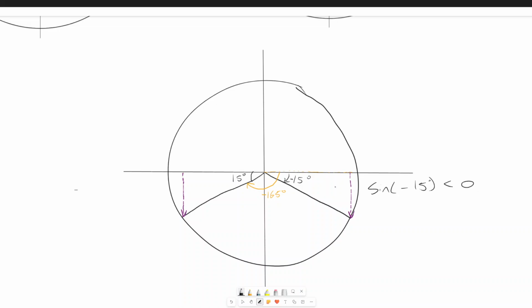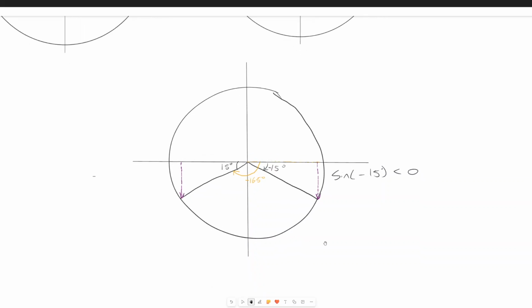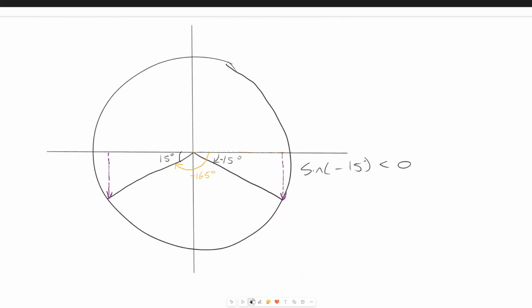Again, to reach this triangle here, we have to go clockwise from the positive x-axis. Just once again, the positive x-axis would be this line here. It's sort of like bearings if you've done bearings. All right, so that's the answer for sine.